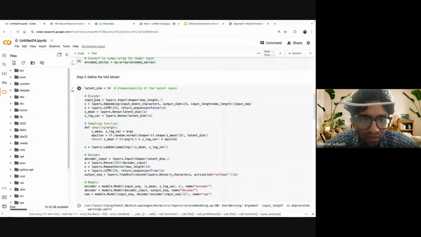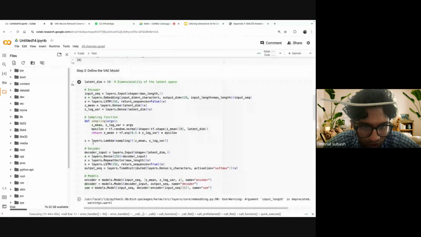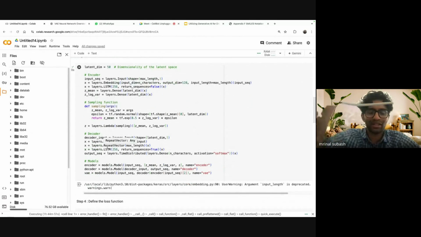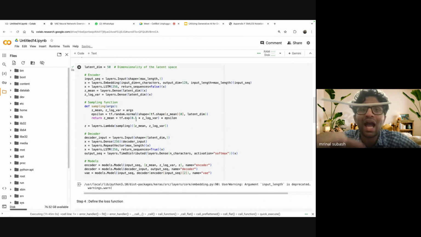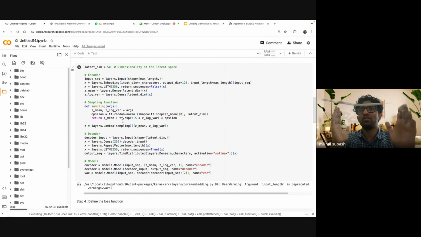So in this case, this is what the encoder architecture looks like. This is the sampling function, and this is the decoder. You're passing it through an encoder, extracting the necessary features using a sampling function, and in this case you're using a normal distribution function, and you're seeing which of these lie within the 0.005 confidence interval, taking up at least 97.5 percent of that normal distribution curve's area.